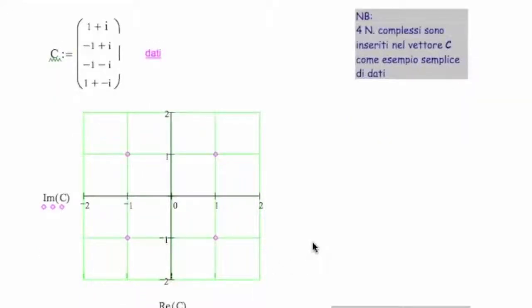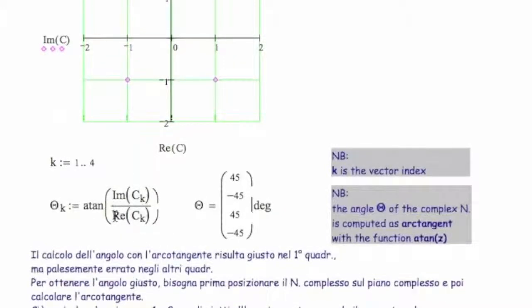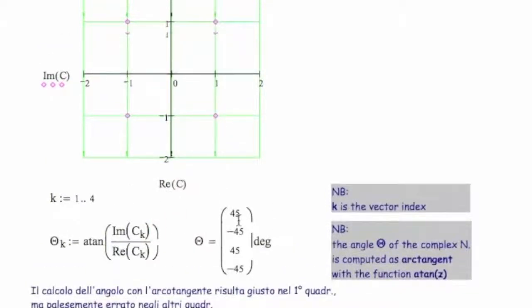What's the angle for them? Or better, what angle is the arctangent function giving us for such numbers? Well, the arctangent, calculated as the ratio between the imaginary part and the real part, would give us angles which are +45, -45, +45, and -45.